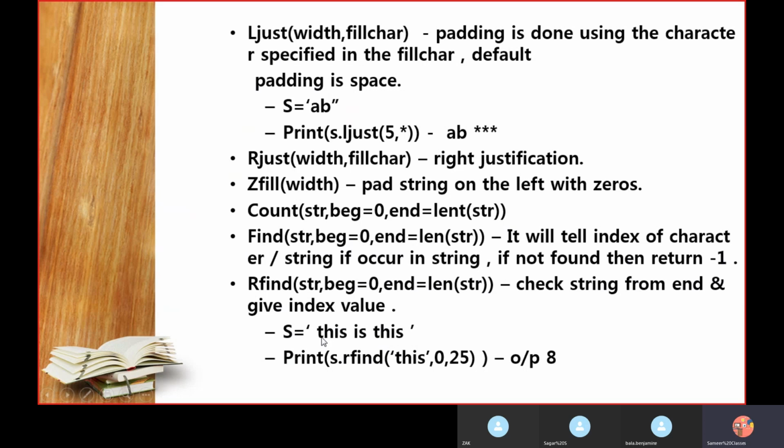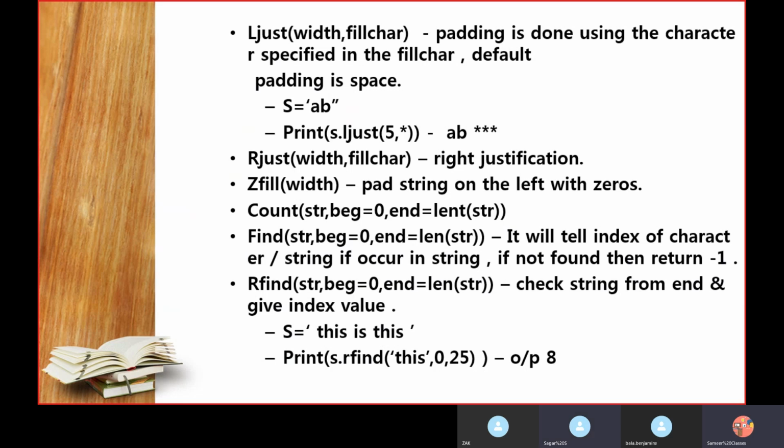If you count it up, 0 1 2 3 4 5 6 7 8. So at position 8 t came. So this is the rightmost one. Understood everyone? I'll show the example as well.